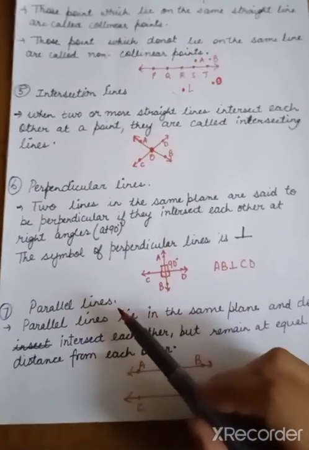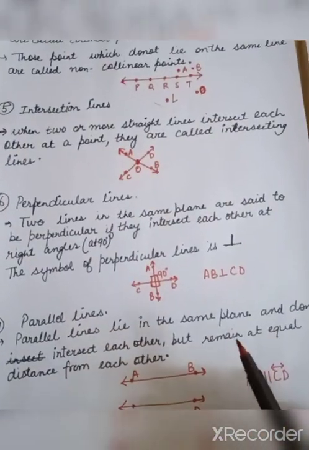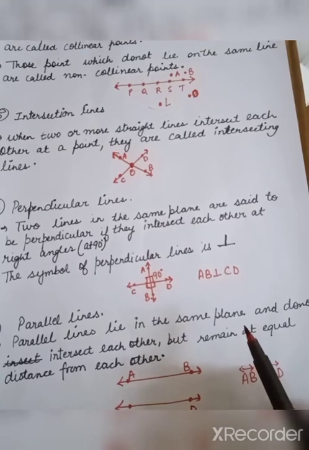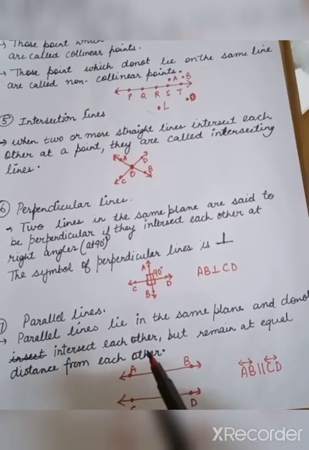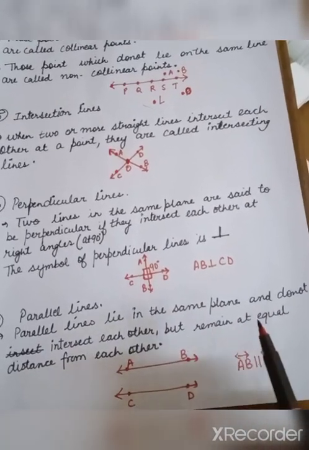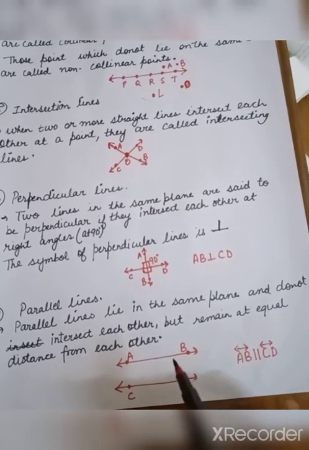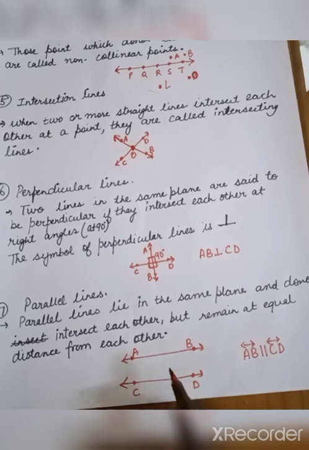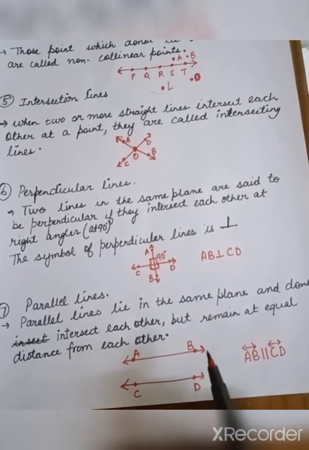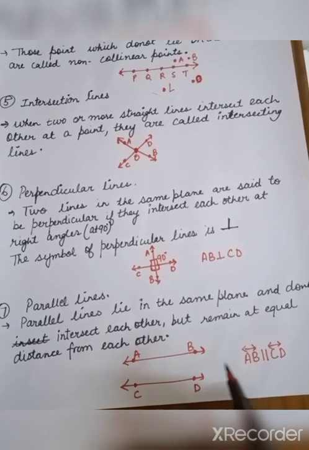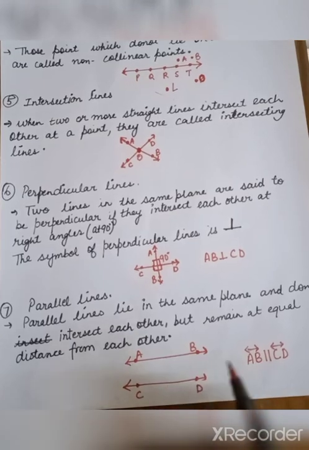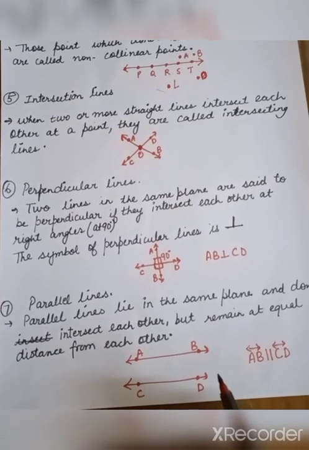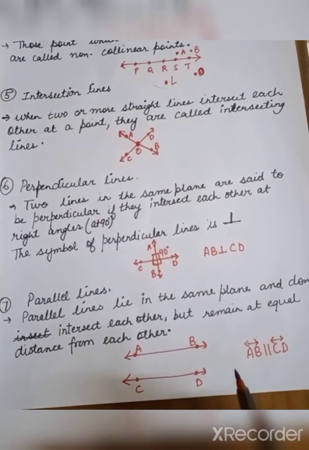Let us learn about parallel lines. Parallel lines lie in the same plane and do not intersect each other, but remain at equal distance from each other. These are two parallel lines AB and CD. They are not meeting at any point; they just move at equal distance from each other.